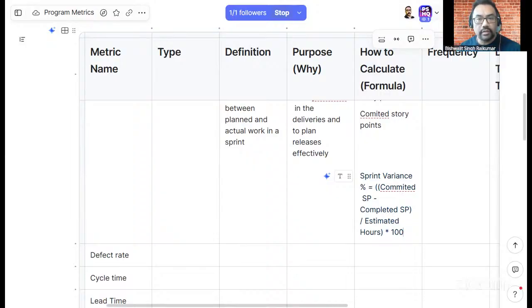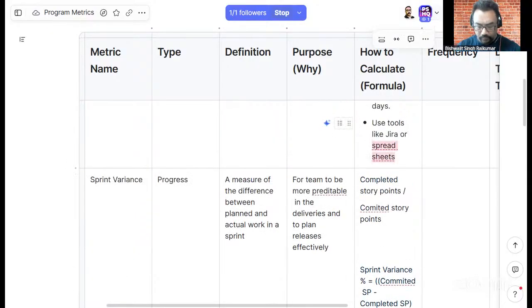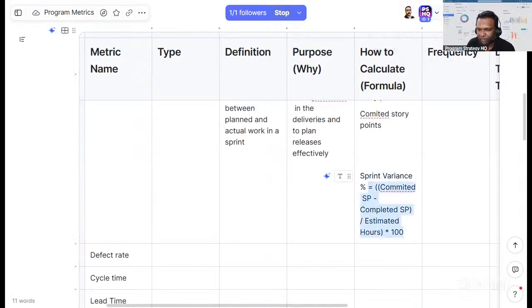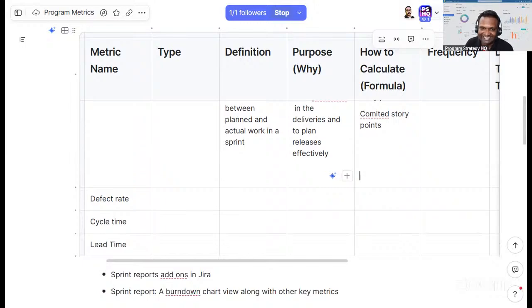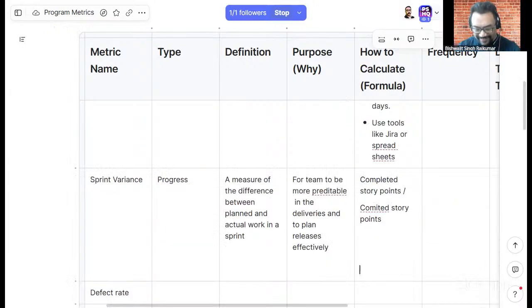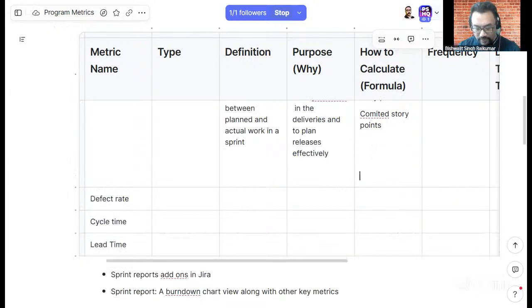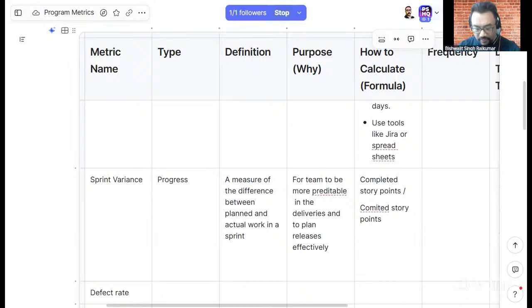Let me also search here. Sprint variance. Yeah, the definition we got, but the calculation, the percentage. Sprint variance.